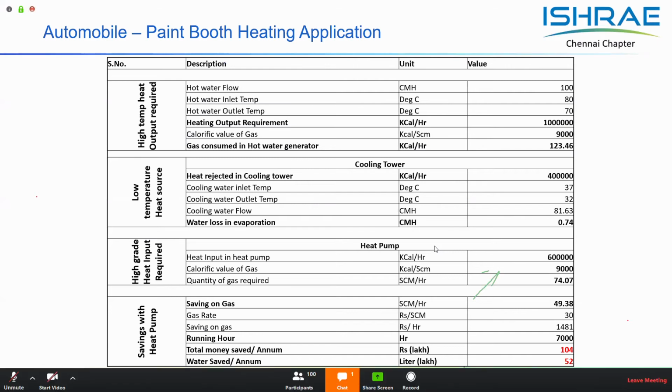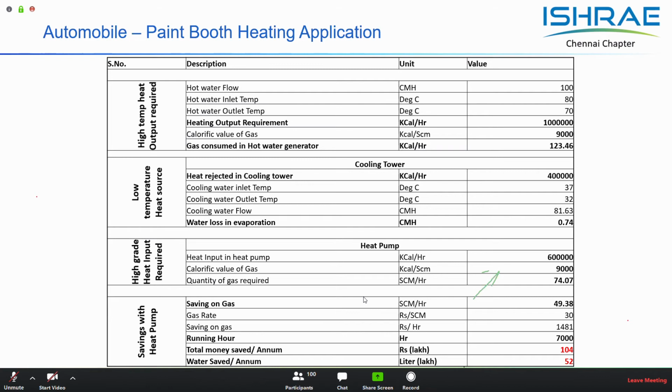So there are dual benefits: one is savings in fuel, which is easily quantifiable, and second is the savings in cooling tower water losses by evaporation, because we are effectively using that heat to run the absorption unit.